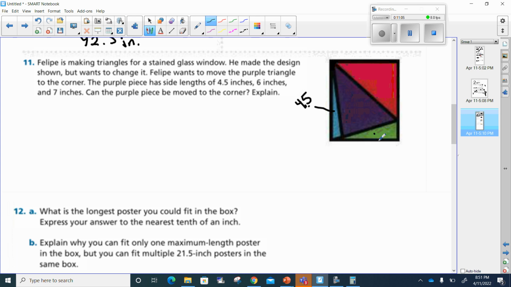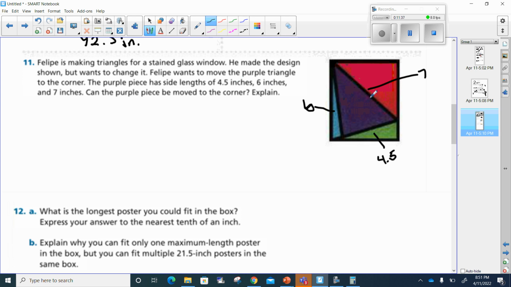Since this is smaller, we'll make this one 4.5, and this one 6 inches since it looks longer. So it says, can the purple piece be moved to the corner?